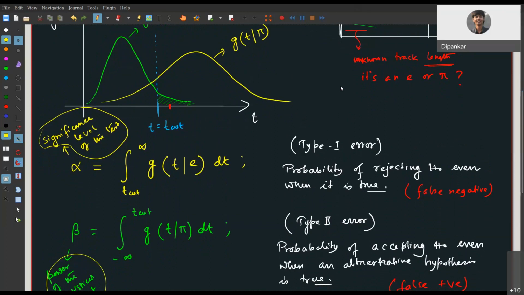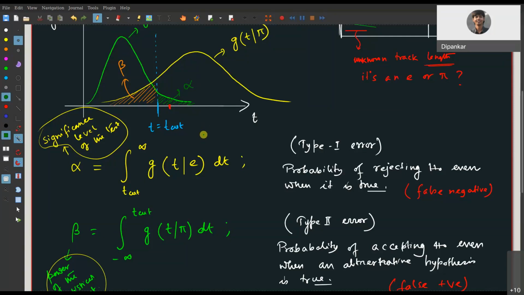To reduce alpha, you will be tempted to move this t cut towards the right, so that the area under the tail is reduced. But the price you pay is that you increase this area, which reflects my beta. So this area reflects your beta, and this area reflects your alpha.